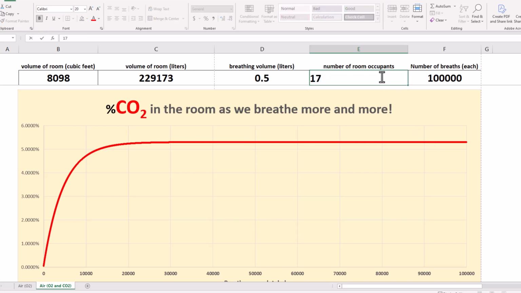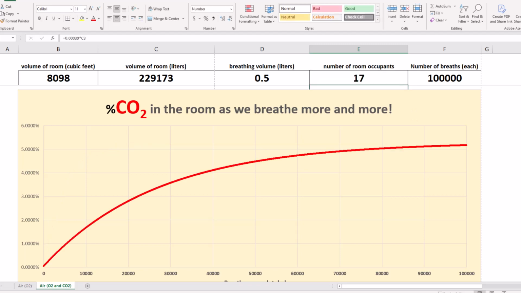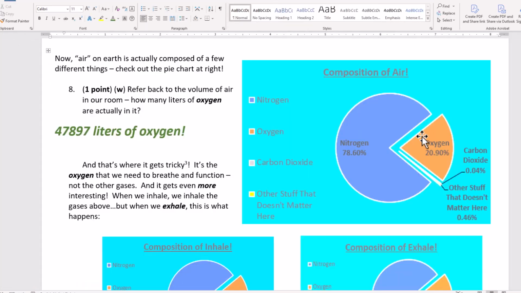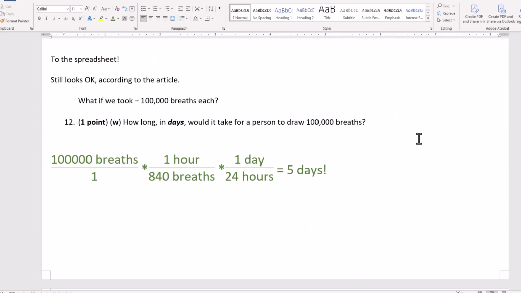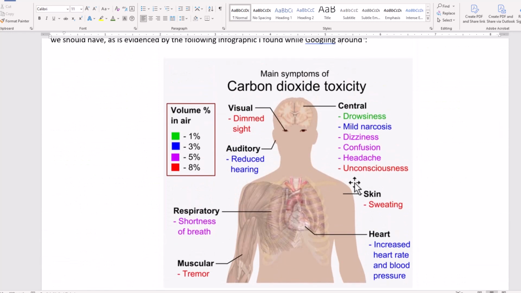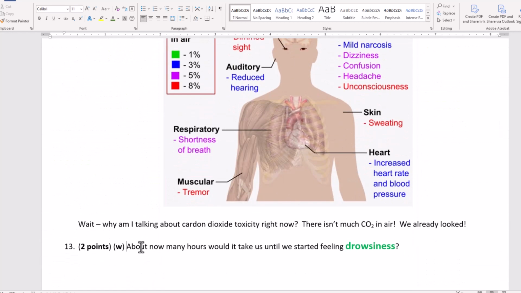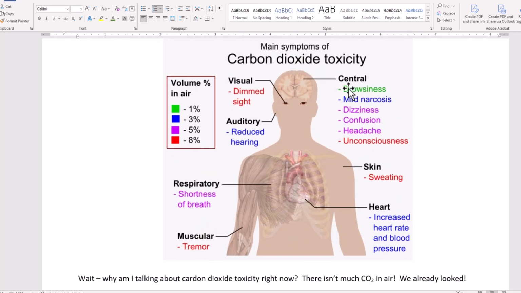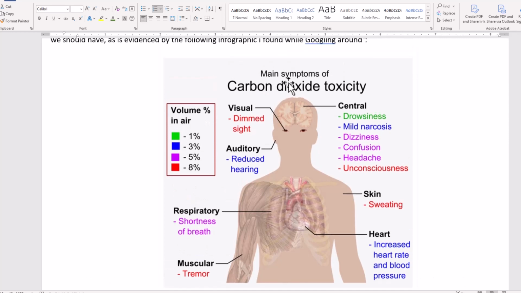Now, my question is this. There are symptoms of carbon dioxide toxicity, which are listed right here. The first question is, about how many hours would it take until we started feeling drowsiness? Drowsiness starts happening at green. What does green mean? It means 1% carbon dioxide.